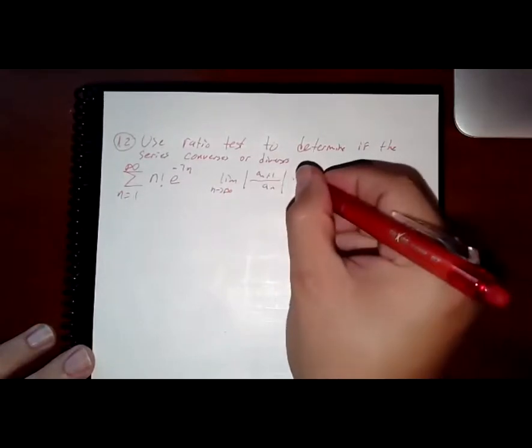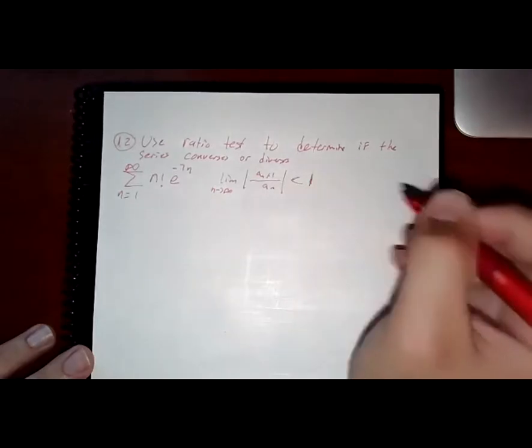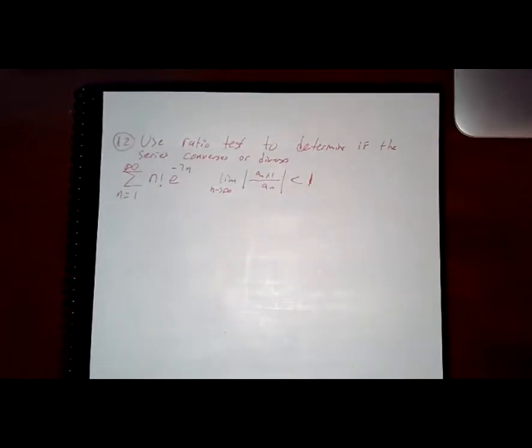So in order for it to converge, this ratio has to be less than 1, right? If it's greater than 1, it diverges, or infinite. If it's equal to 1, then we know nothing.